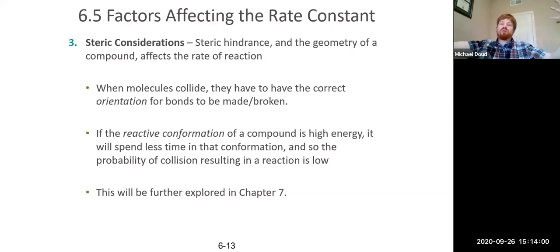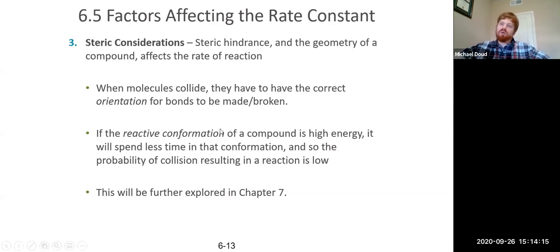So if you have a big bulky base, that big bulky base can't necessarily get close to the proton as easily. So that's going to slow down the reaction. It just can't fit there most of the time. So this is the idea of this reactive conformation.